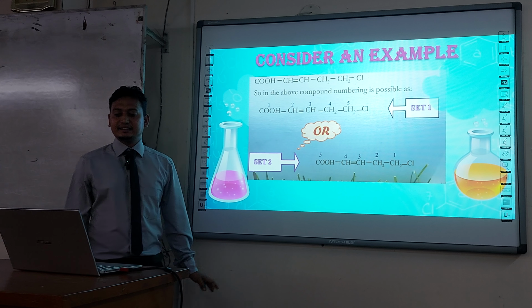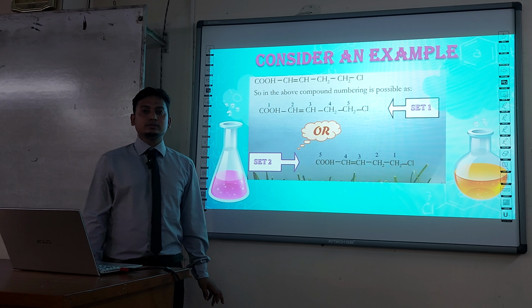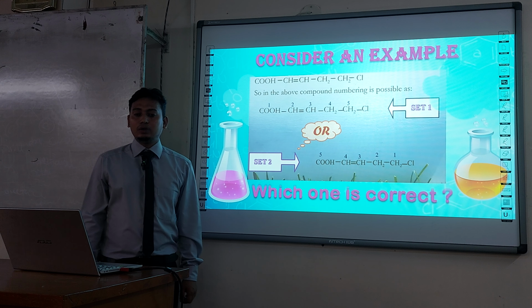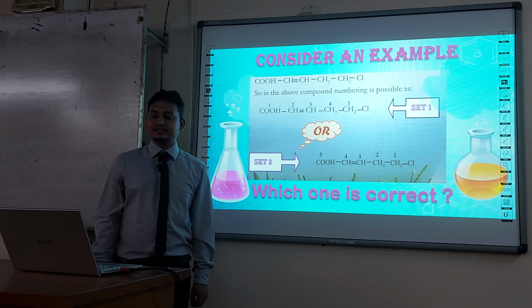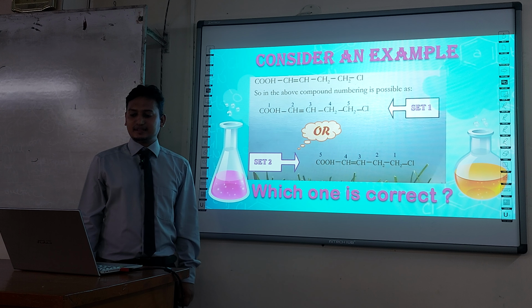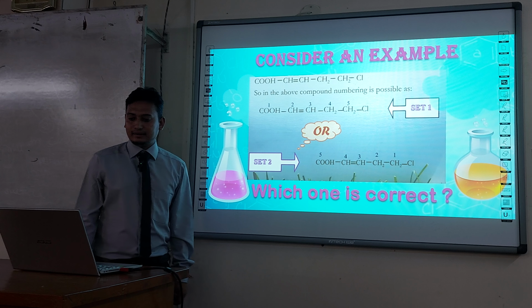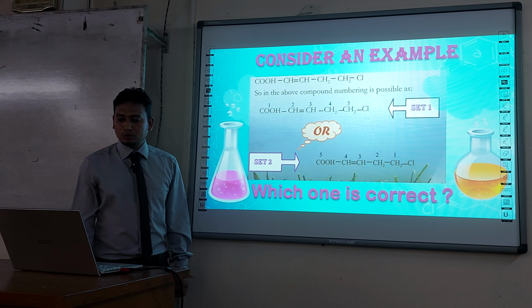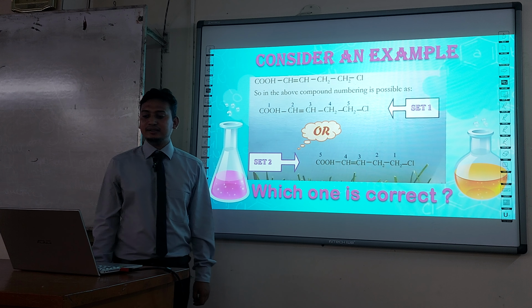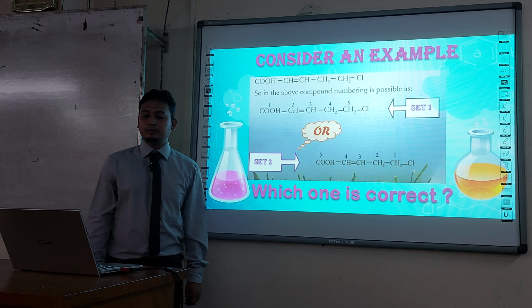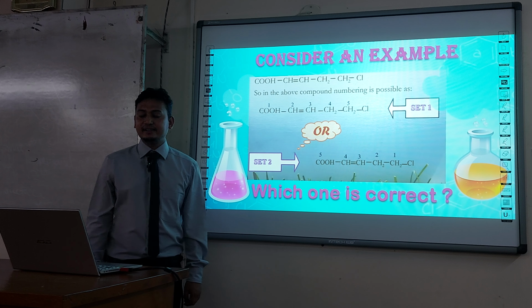Now we can see an example. Here two sets are possible. Which one is correct? Set one is correct because the functional group and double bond are nearest.